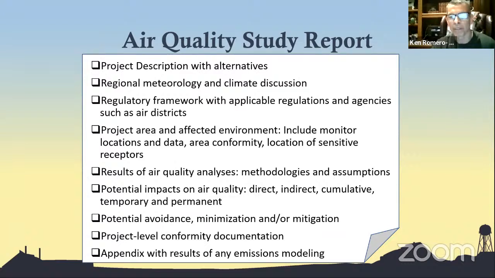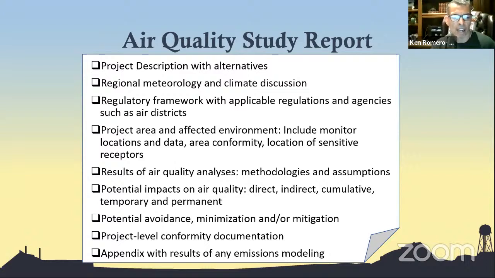And that would include such things as construction air quality impacts, as well as operational impacts to the project area. We have potential avoidance, minimization, and mitigation measures, which we'll talk about as far as greenhouse gases goes in that subject matter.